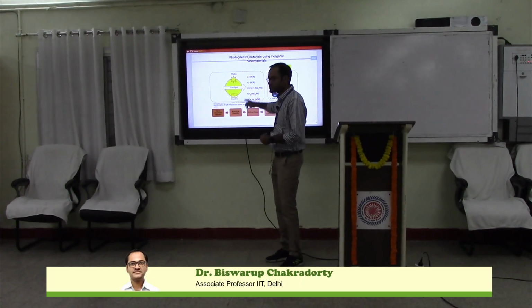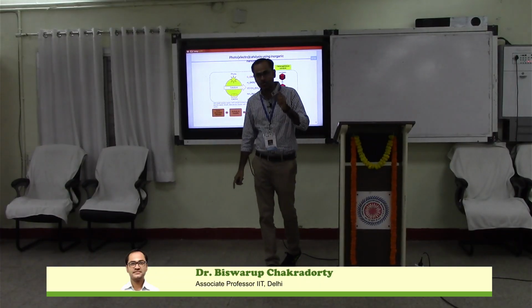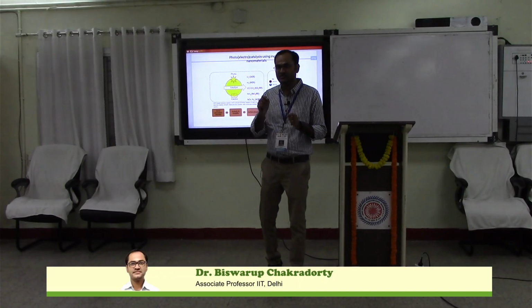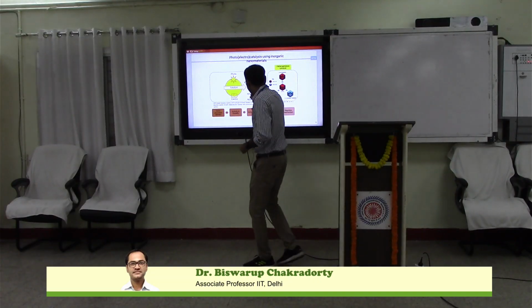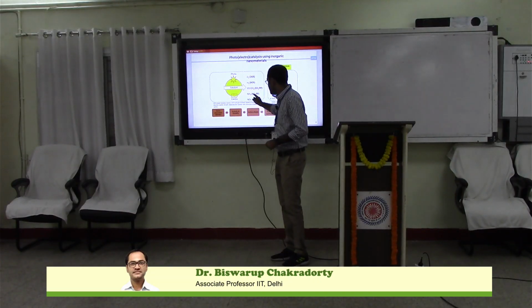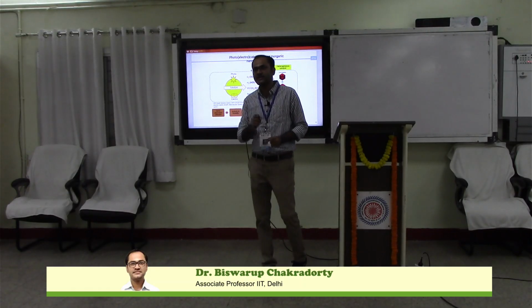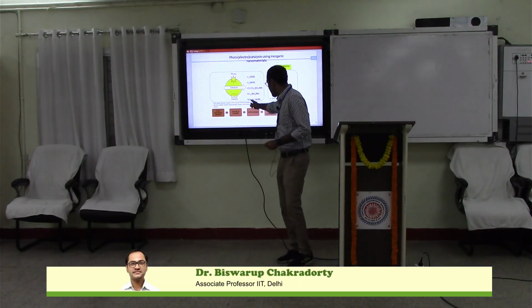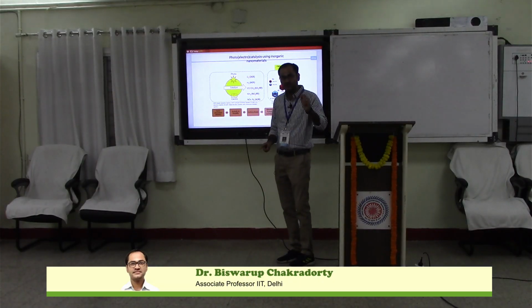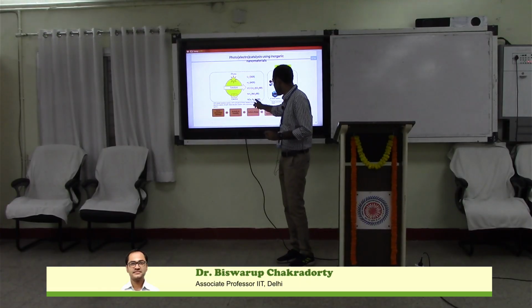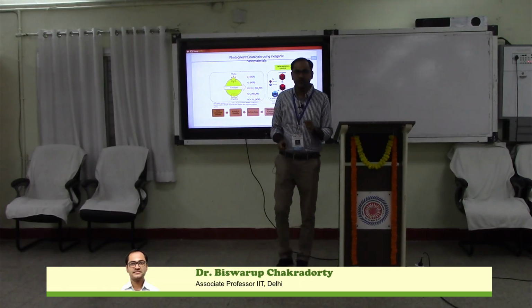CO2 to CO and CH4 is abbreviated as CO2RR, that means CO2 reduction reaction. Fourth is NO3RR, that is nitrate reduction directly to ammonia. And the fifth one is the oxidation of ammonia to NOx or N2, that is known as the ammonia oxidation reaction.